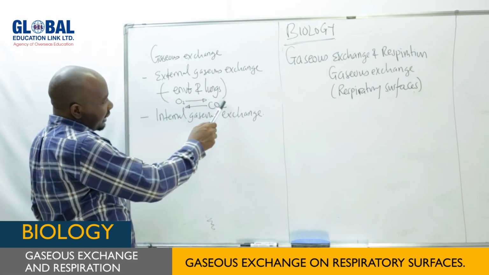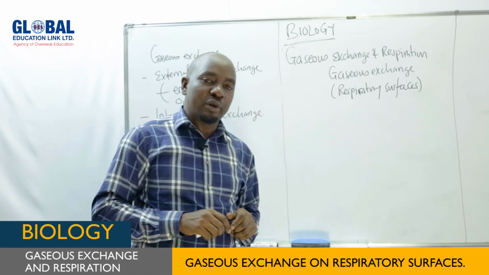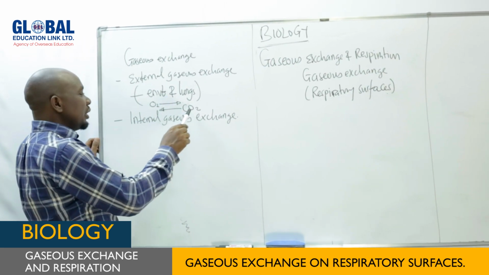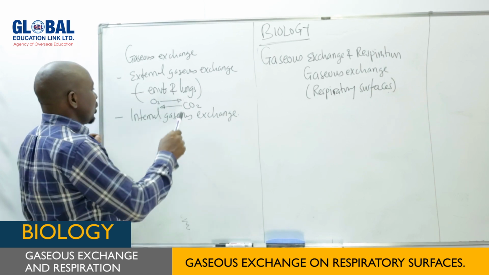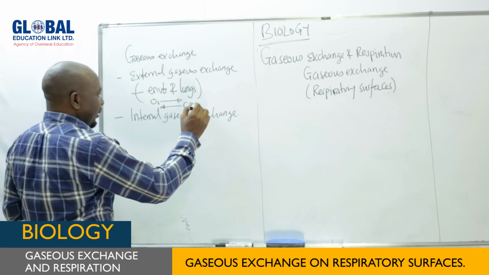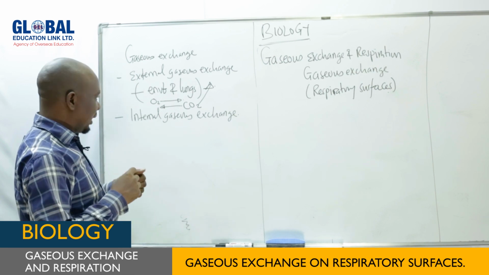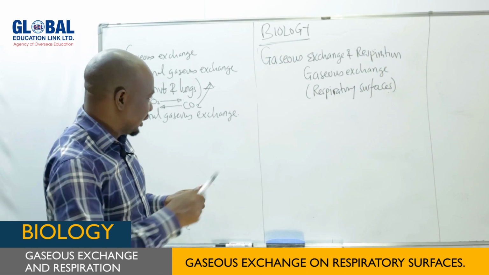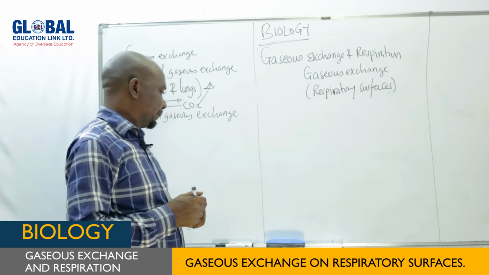Likewise, the blood reaching the lungs contains a large amount of carbon dioxide, such that the carbon dioxide will diffuse from the lung capillaries to the environment, to be given out as a waste product.